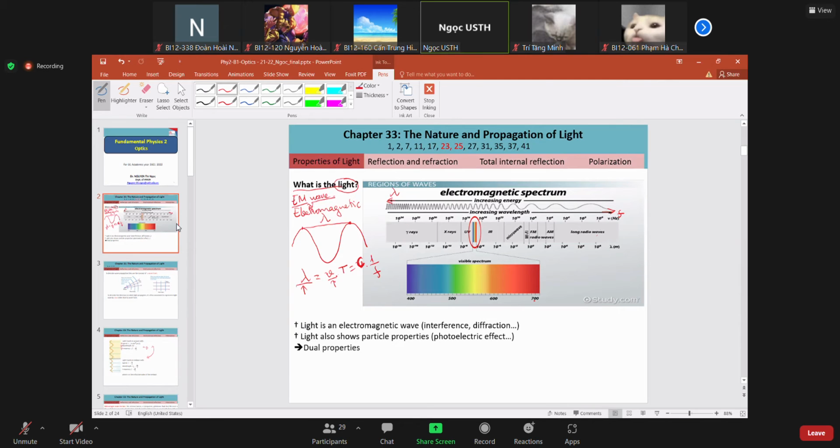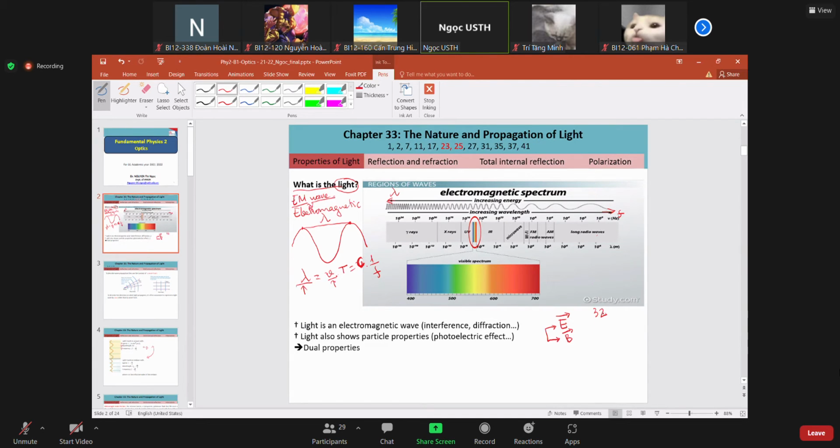The first component is the propagation of the electric field, and the second is the propagation of the magnetic field. If you have time, please take a look at chapter 32, where they talk about the electromagnetic wave.